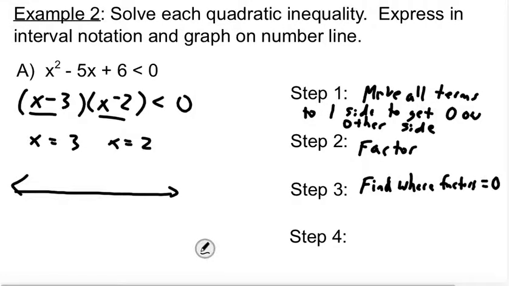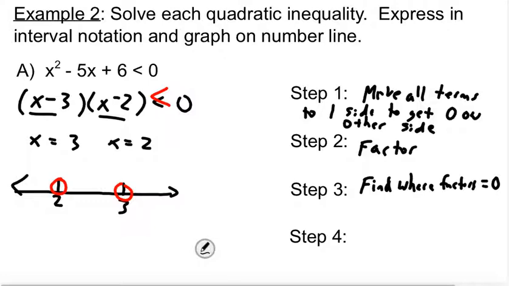So we found those. It's at 2 and at 3. Notice it's a less than symbol. It's not a less than or equal to symbol. Because it's a less than symbol, that 2 and that 3 there, they're actually going to have open dots there. All right? So far, so good.